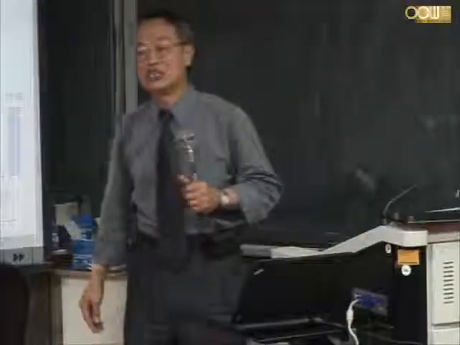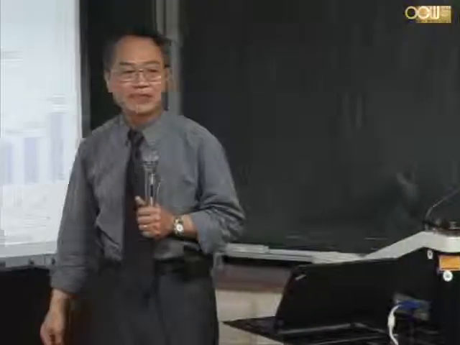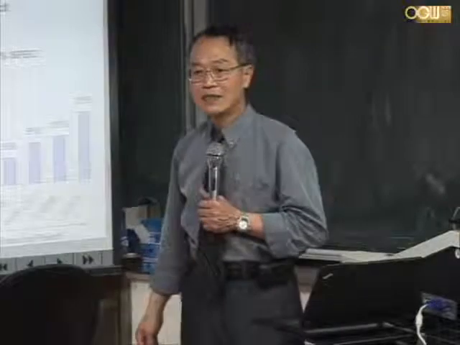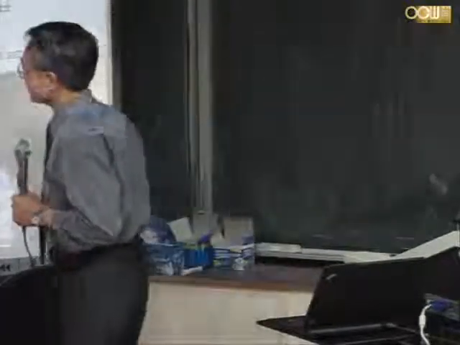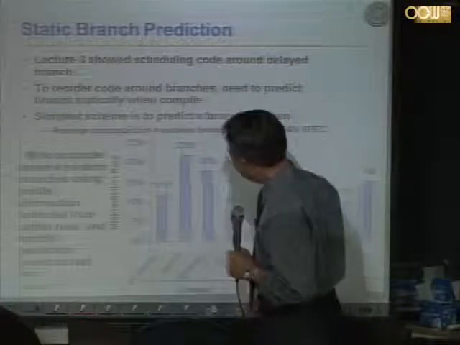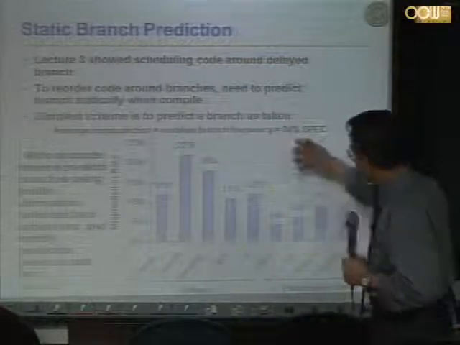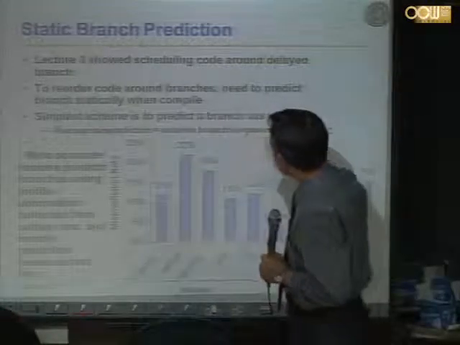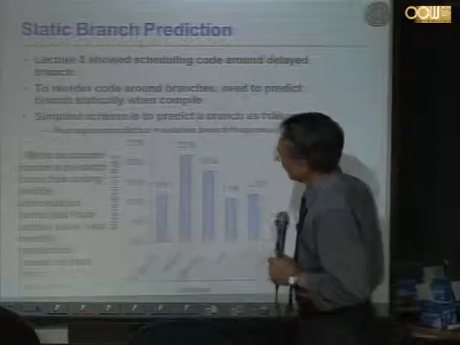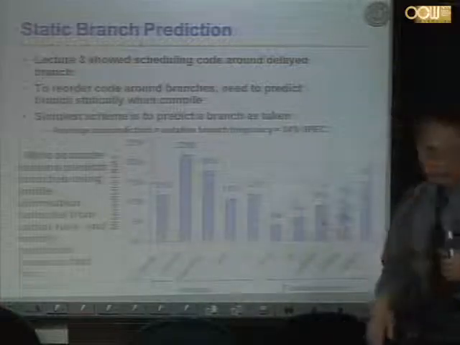Usually branches were taken 70% or even higher of the time. So these are the benchmarks. This is the statistics of the misprediction rate if we do this prediction. Whatever, this is not important.